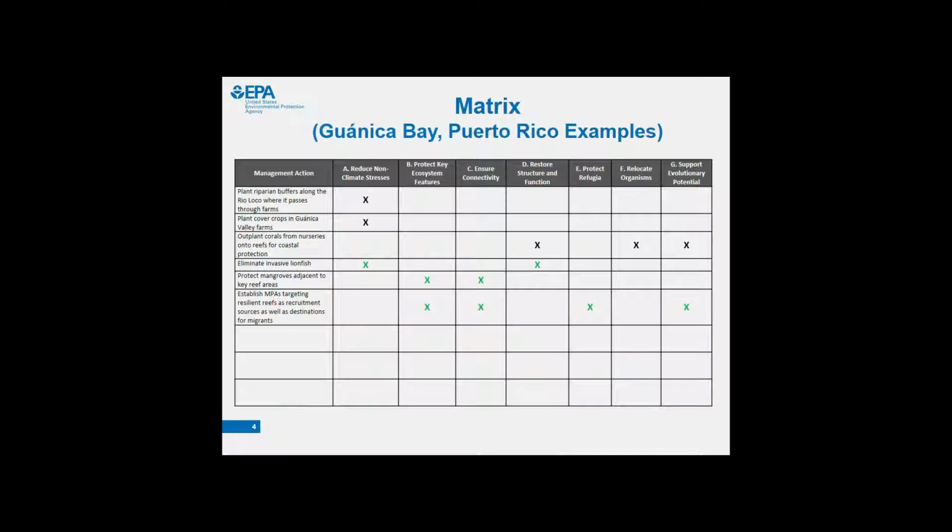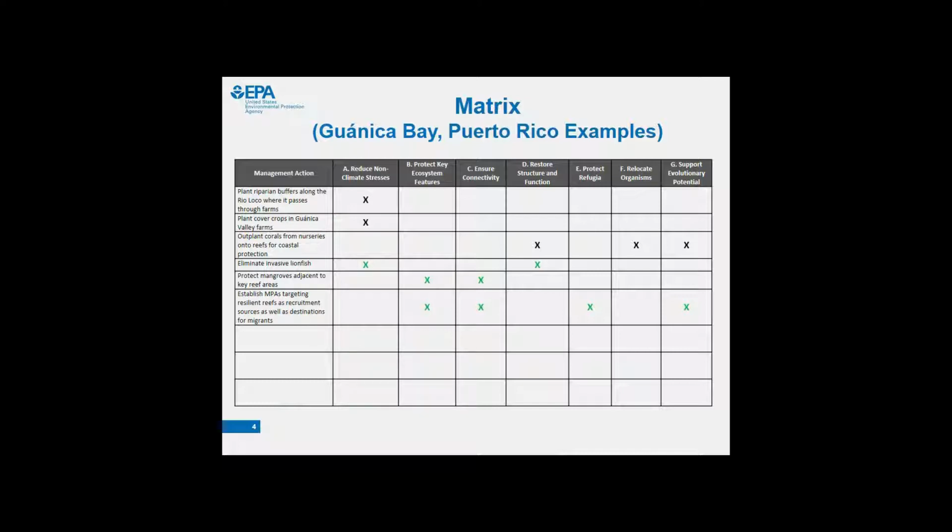But if you're in the restoring structure and function section and you're concerned with key species of the system that might be, for instance, being driven out by an invasive species, you could come up with a suggestion of dealing with an invasive species while thinking of that strategy.